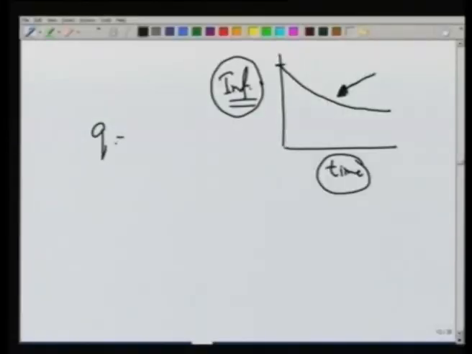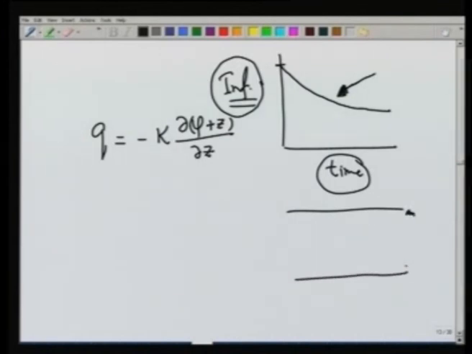There are various methods which can give us this curve. All are typically based on the theory, which says that basically it is Darcy's law, and if we write it for a soil, we know that here we have ground level, here we have the groundwater table.